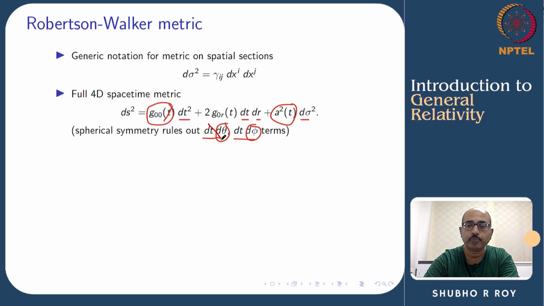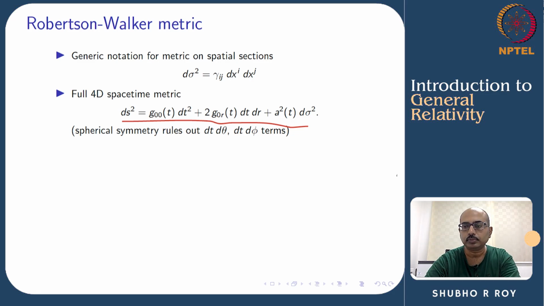So we will drop the dt d theta and dt d phi. dt dr can be there, and r, the radius, has nothing to do with spherical symmetry. So this is the form of the metric. The metric coefficients must be a function of t only. They cannot be a function of r, because that means if I go to larger radius, the universe looks different, which is not a good thing.